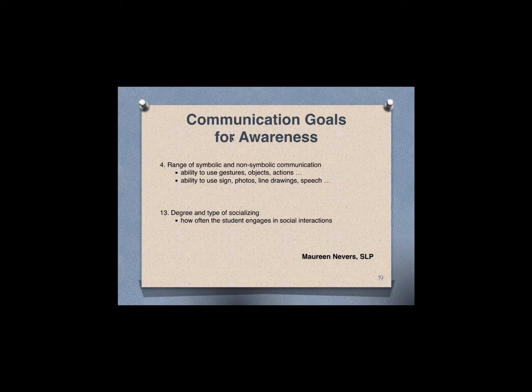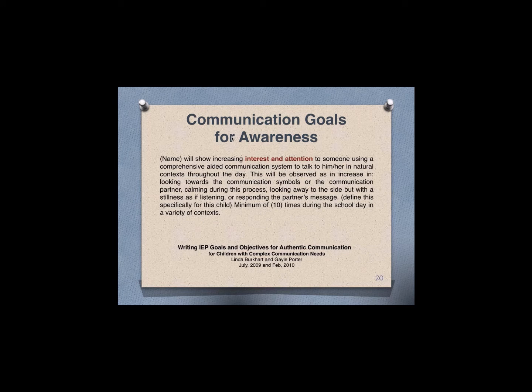I think that's an incredibly important goal to have for our kids, is that we set goals that they will be able to interact with a larger number of people or more times with favorite people throughout the school day. So the way that these goals might look is, for example, Maggie will show increasing interest and attention to someone modeling her system throughout the day.